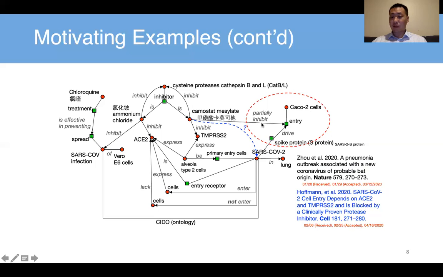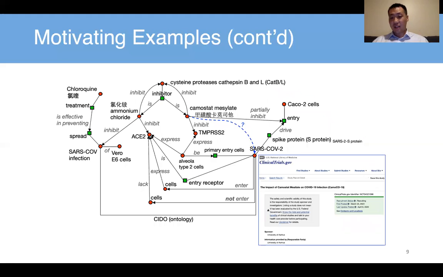So that's another clue telling us we should investigate the impact of camostat mesylate on SARS-CoV-2. And later on, we found a clinical trial posted, I think in March, trying to investigate the impact of camostat mesylate on COVID-19 infection.